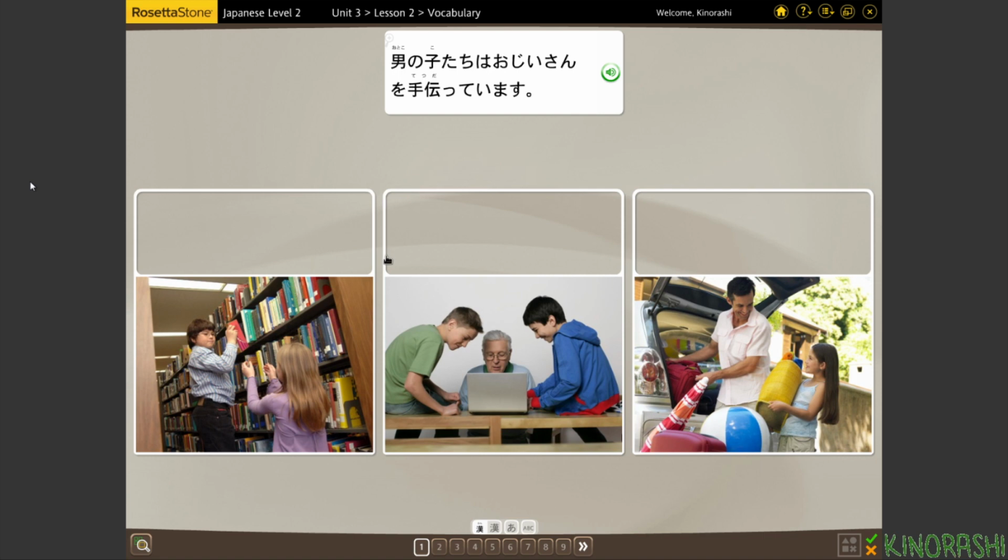Uncle, old man, Mister. I guess to refer to anyone that's of that age, basically, Oji-san.